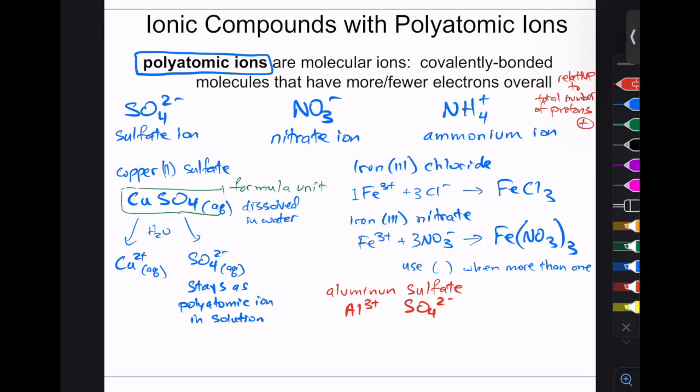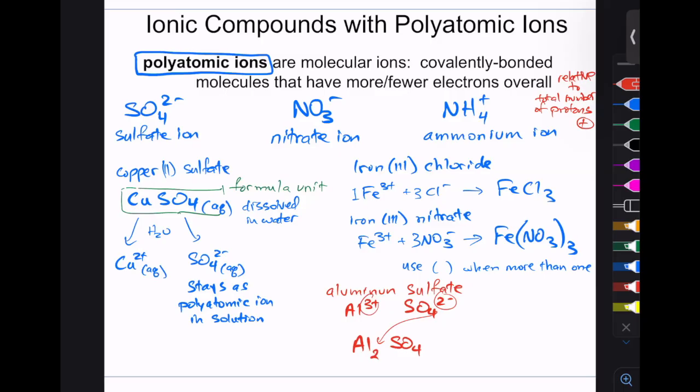Okay, so what are we going to do? Cation first, anion second, SO4. Now notice when I write the formula unit, I'm not putting the charges in. Okay, I'm only putting the charges in when I'm describing the ions. But if I'm putting the formula unit in, that is by definition net neutral. So you don't show the charges in the formula unit. So we're just going to go crisscross. There's a 2 minus here, so we put a 2 here.